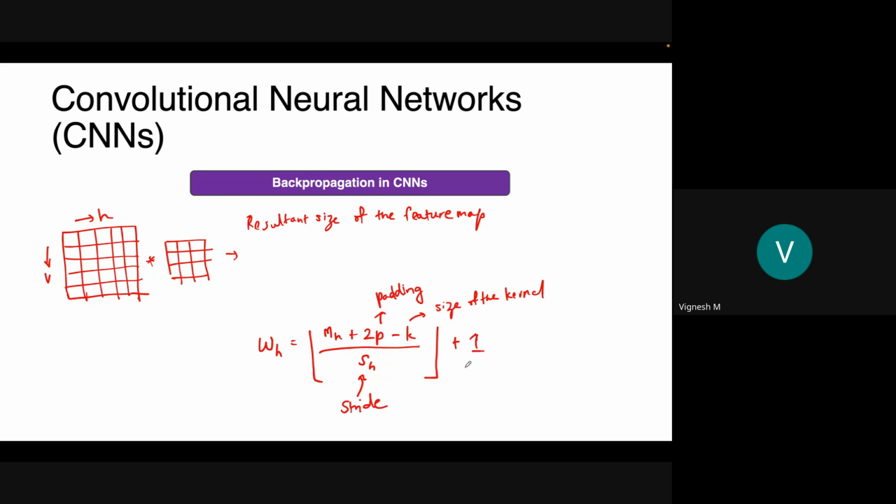So this is basically it. If you apply this, you'll get the resultant size of the feature map. So let's take the simple condition.